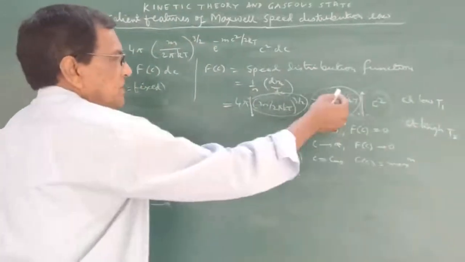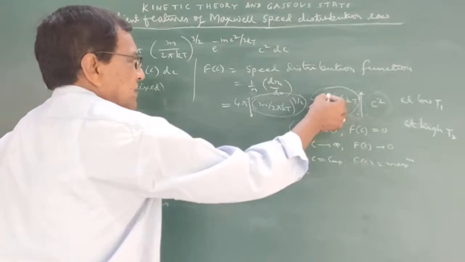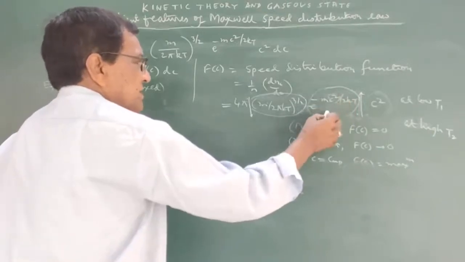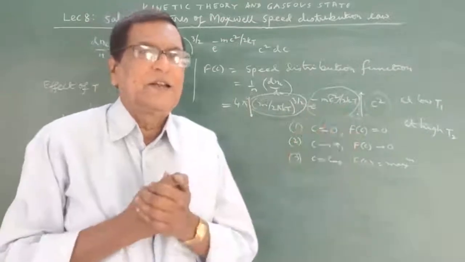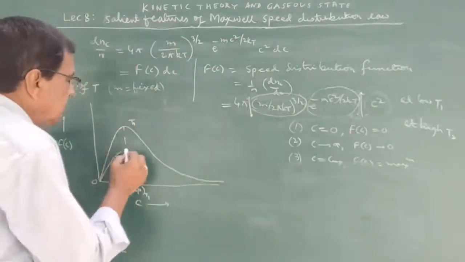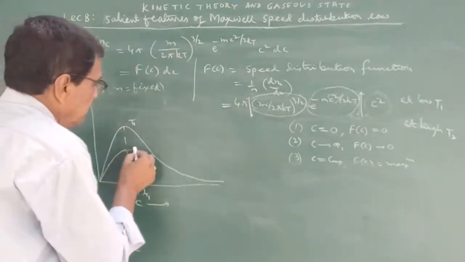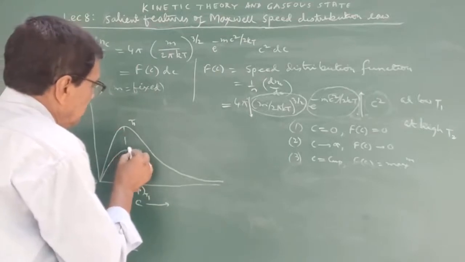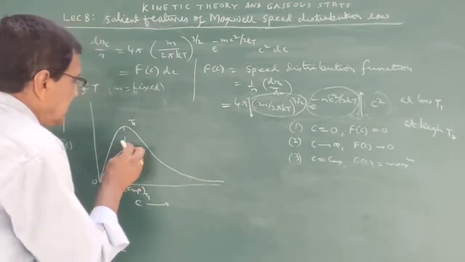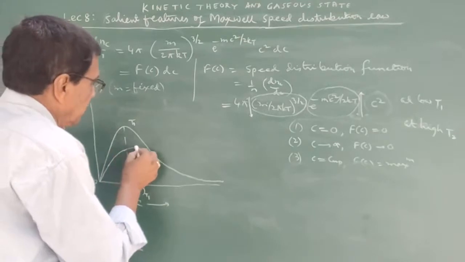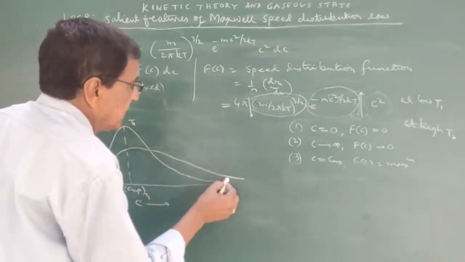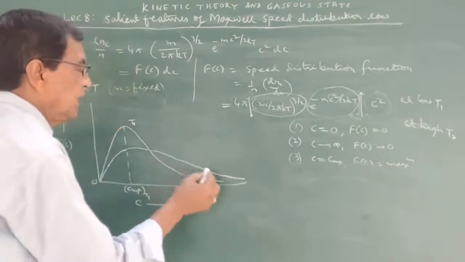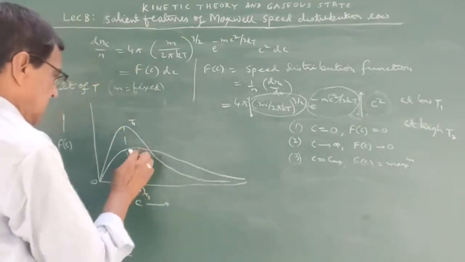So one factor is increasing, the other is decreasing in a single term. So the net effect is that this curve will be broadened and not fall very rapidly at this high temperature.